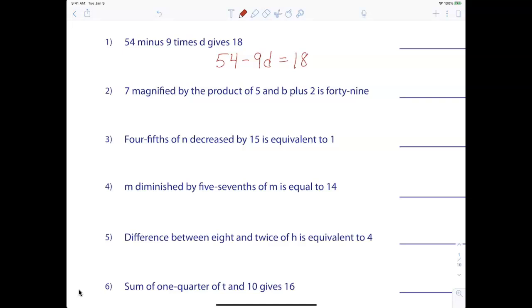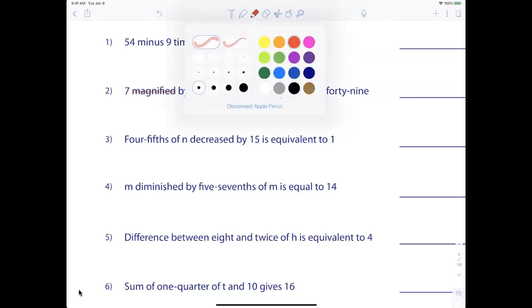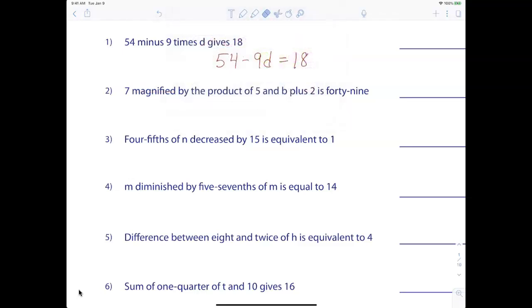Now, the next one, I see the word magnified. I haven't really seen that a whole lot, but what I do know is when you magnify something, that means you're multiplying it. So magnified is another word for multiplication, so write that down.